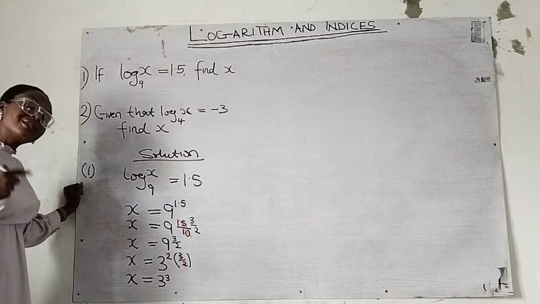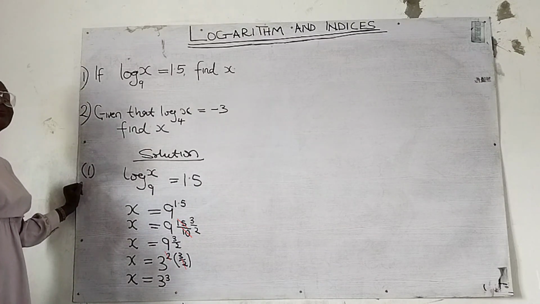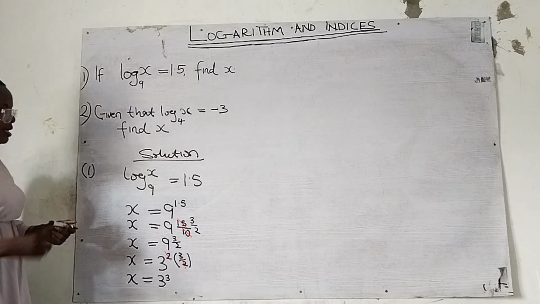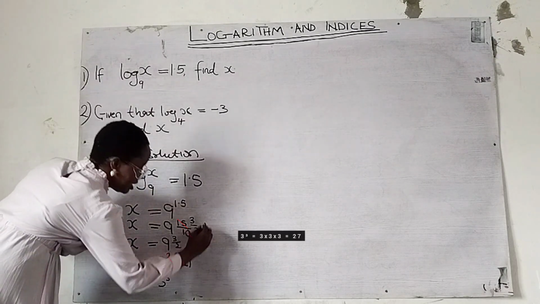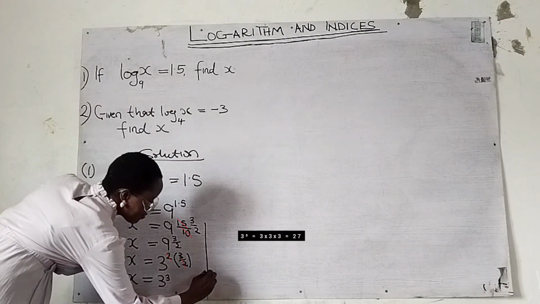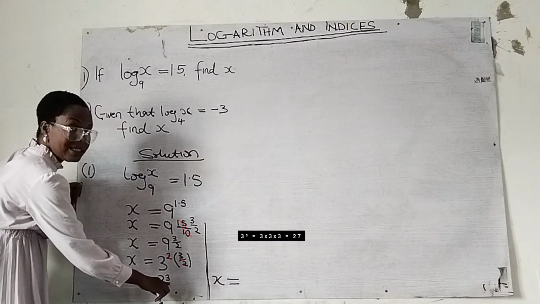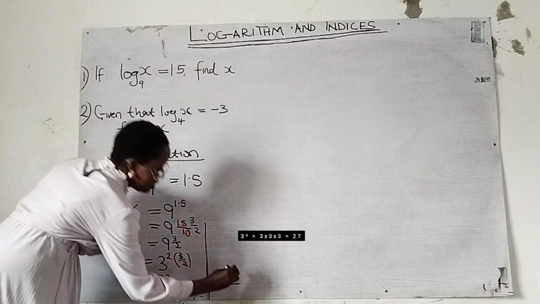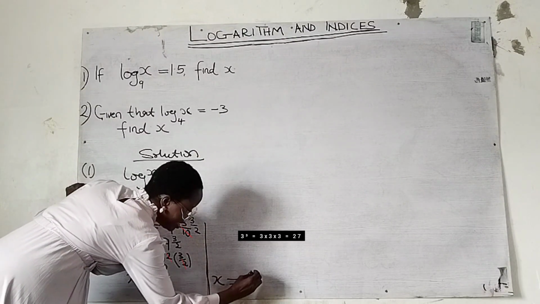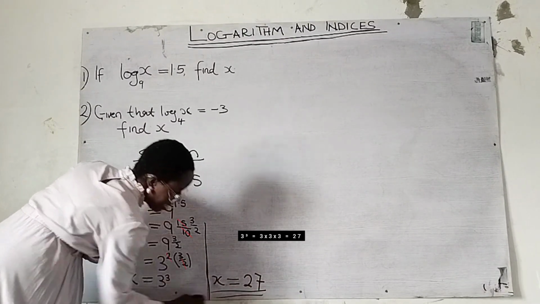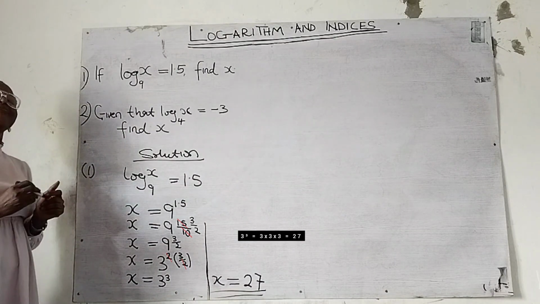And 3 raised to power 3 simply means 3 times 3 times 3, and it gives us 27. So x is equals to 27. Answer.